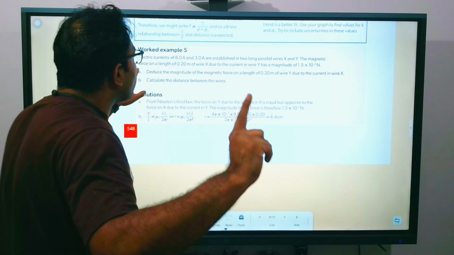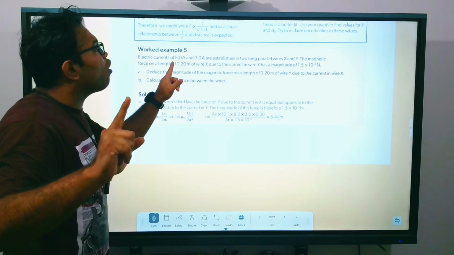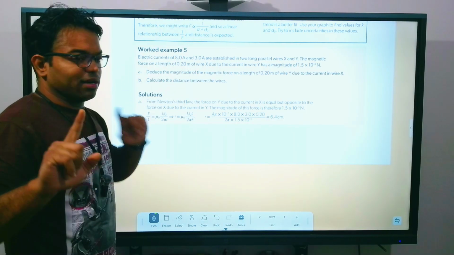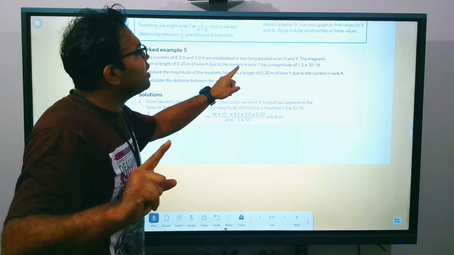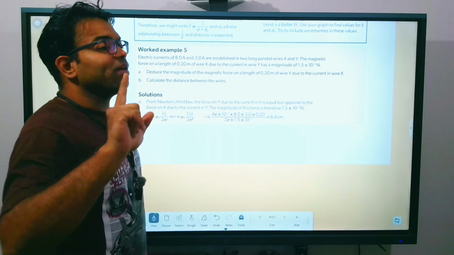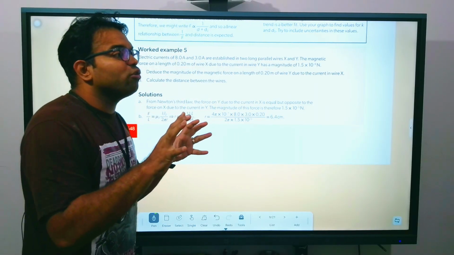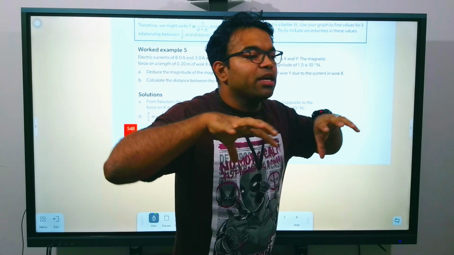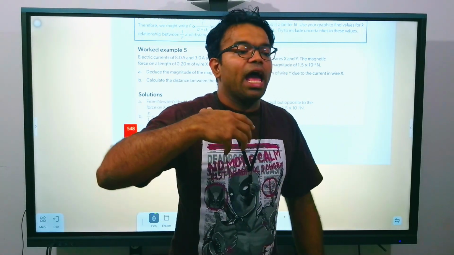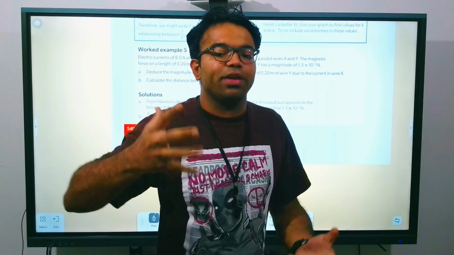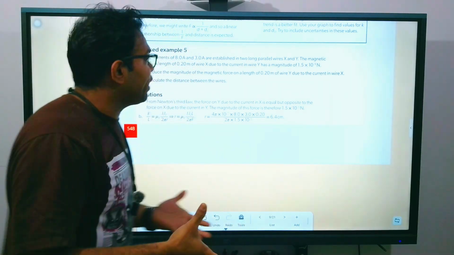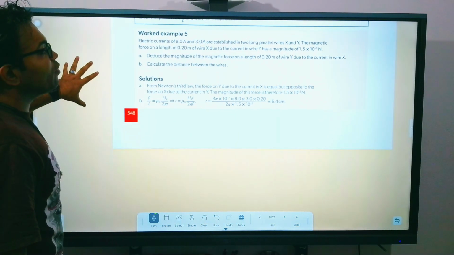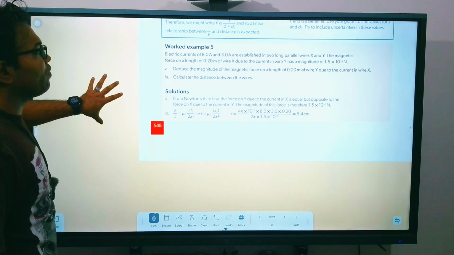The magnetic force on the length of 0.2 meter of wire X due to the current in Y. So basically we have to find the magnetic field produced by the current in Y, and use that magnetic field to find the force on the current in X. It has a magnitude of 1.5 into 10 to the power minus 5 newtons.